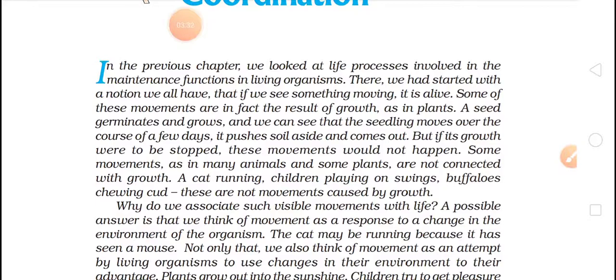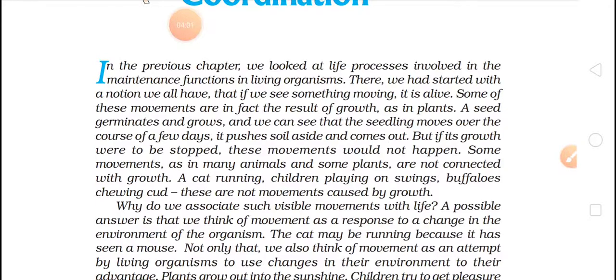Some movements, as in many animals and some plants, are not connected with growth. A cat running, a child playing on a swing, buffaloes chewing cud, these are not movements caused by growth. See what they are trying to explain to you, that there is a difference between movement and growth.